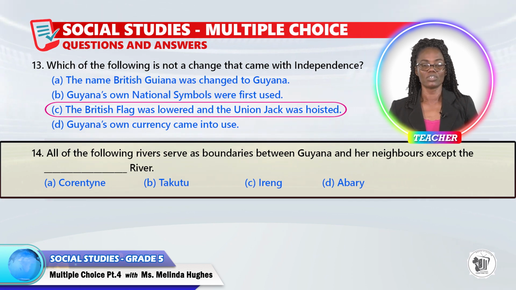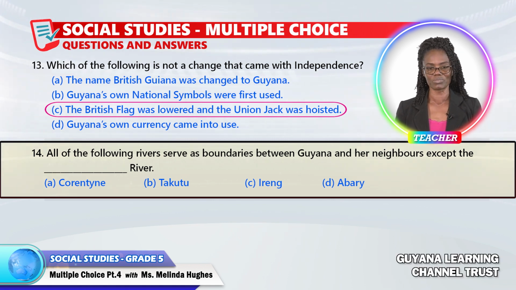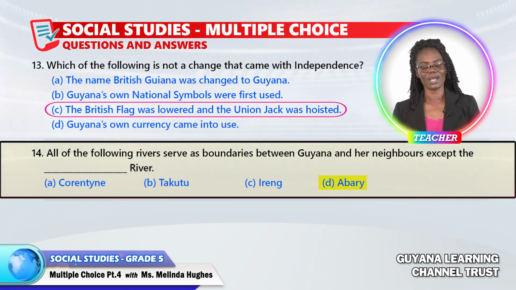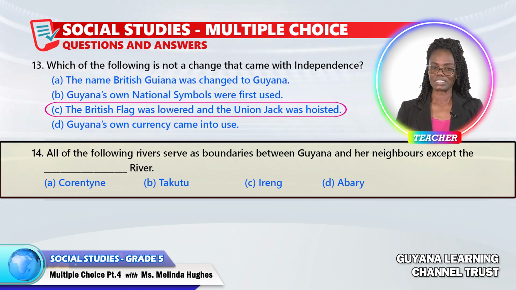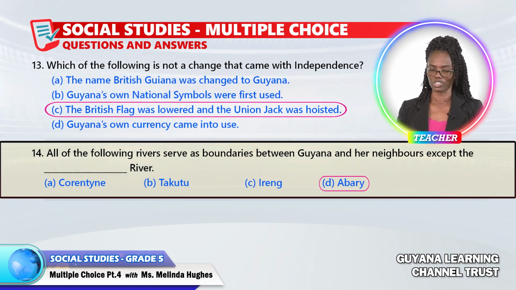Question 14. All the following rivers serve as boundaries between Guyana and her neighbors except the something River. A. Corentyne, B. Takutu, C. Iring, or D. Abari. The answer is D. Abari. The Abari River is located within the country Guyana.